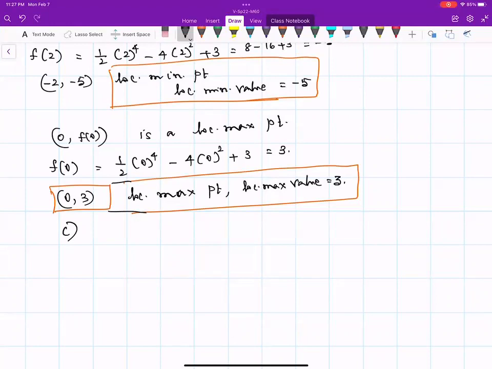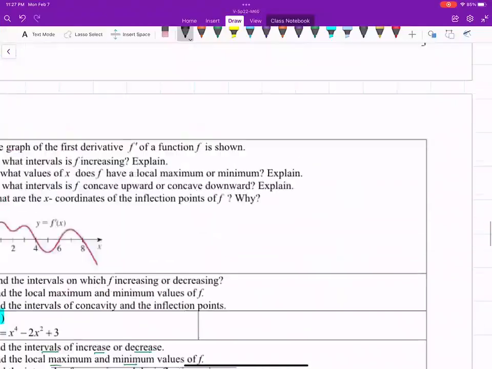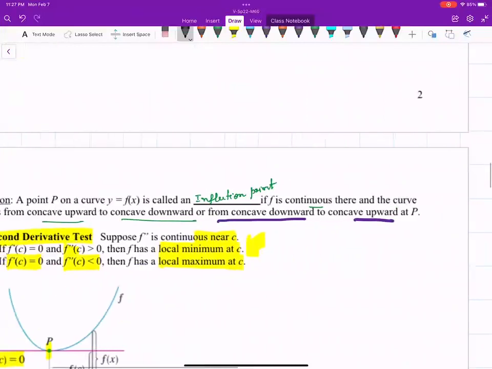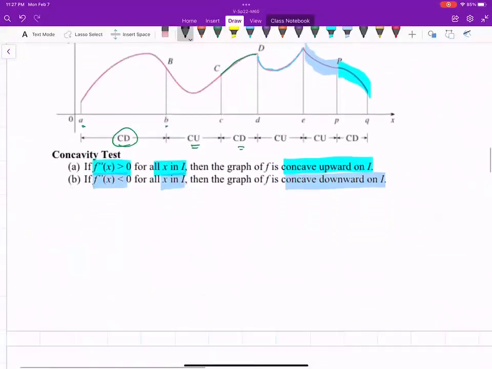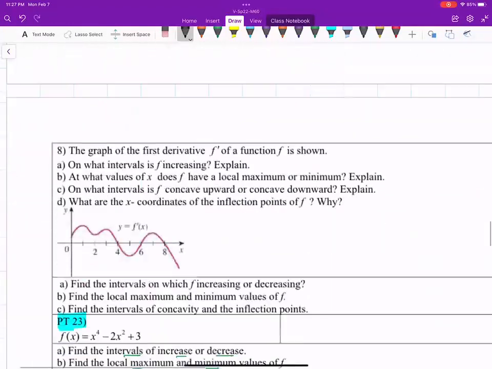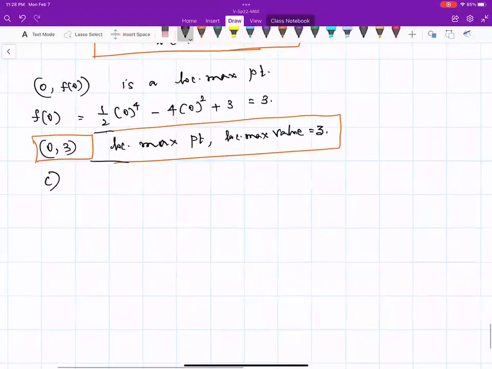So we have to use the concavity test, which uses the second derivative. What does the concavity test say, quickly? If the second derivative is positive, then it is concave upward. If the second derivative is negative, it is concave downward in that interval. So let's see now what the second derivative is.